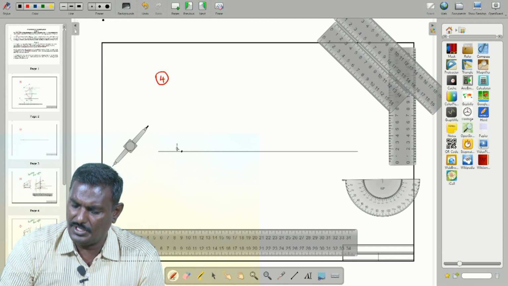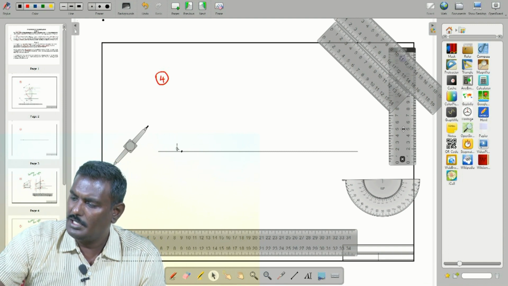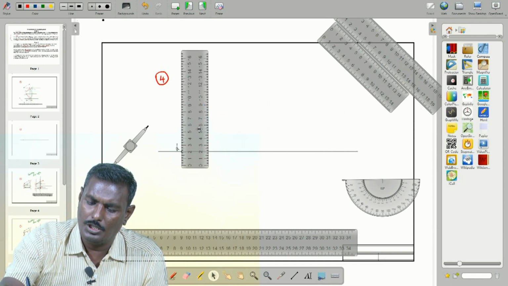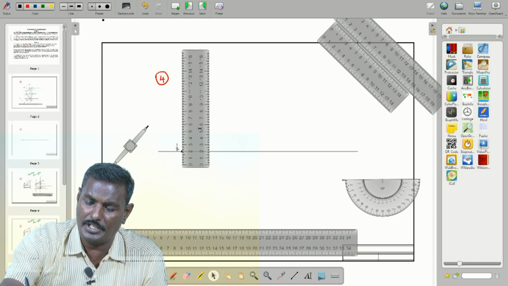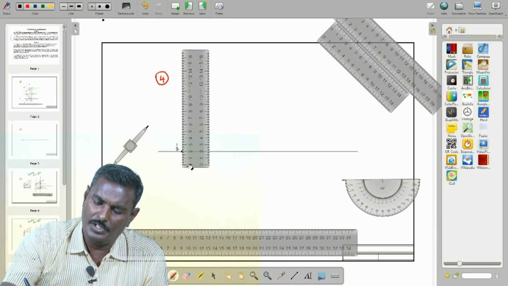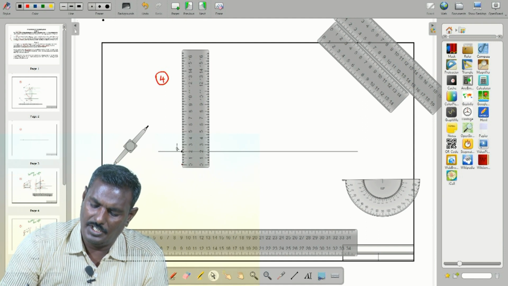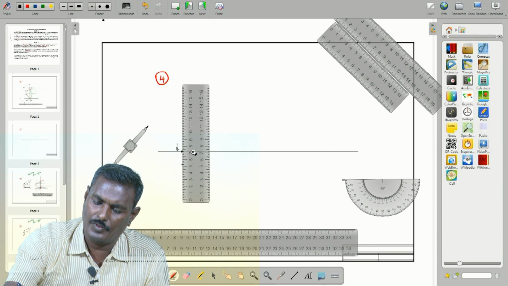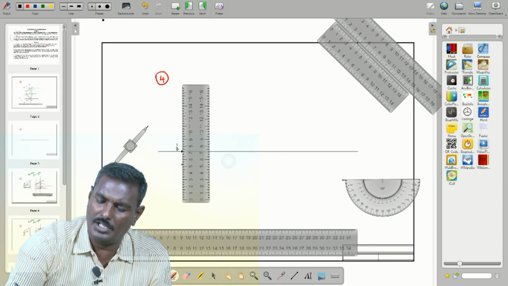Next we have to take a perpendicular scale in the mini drafter, place it over and mark 20 mm in front of, that is below XY. Draw a projector.